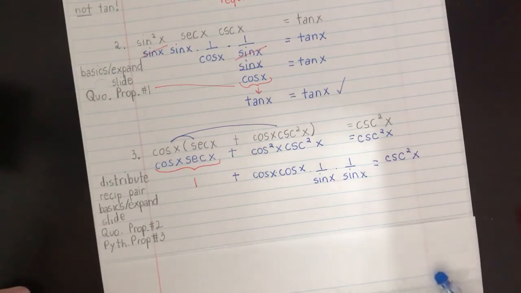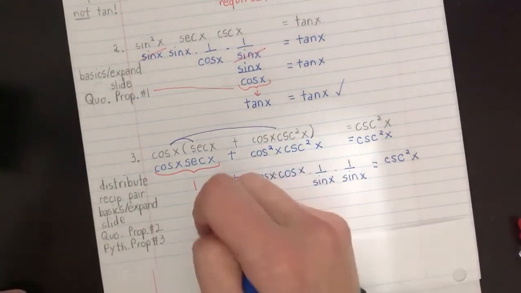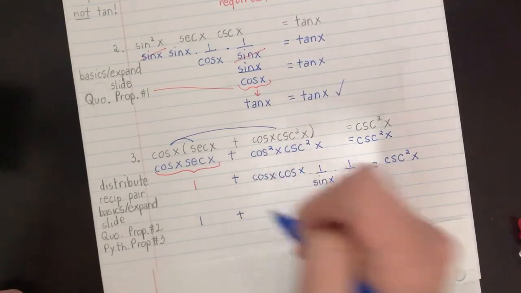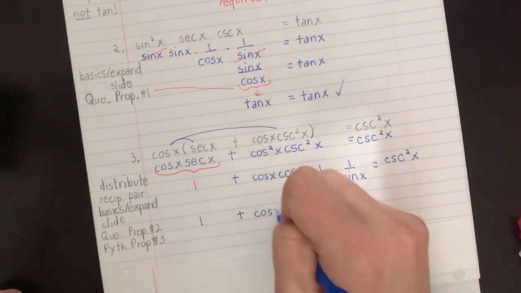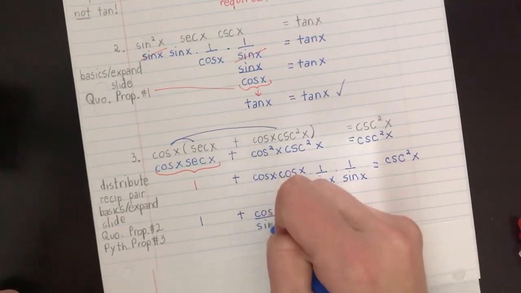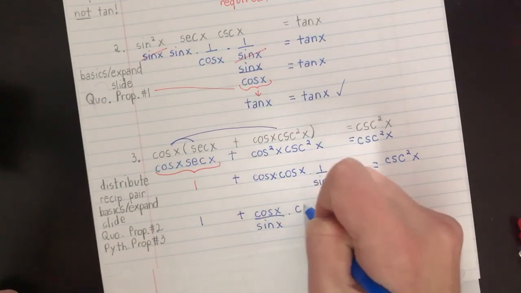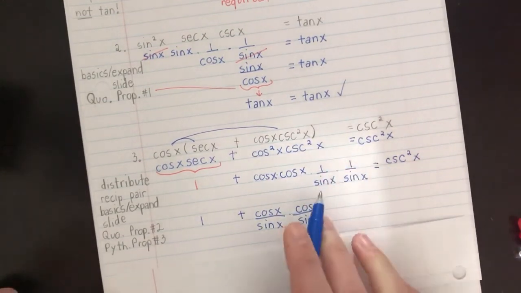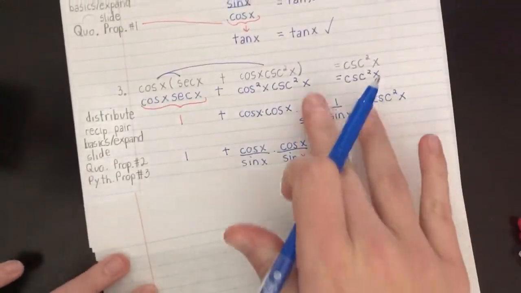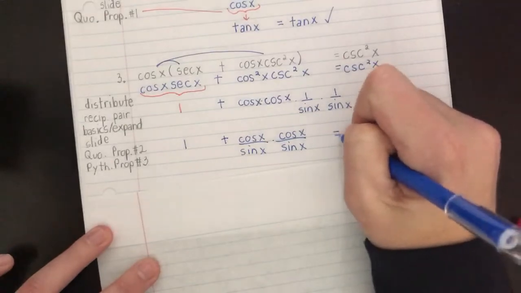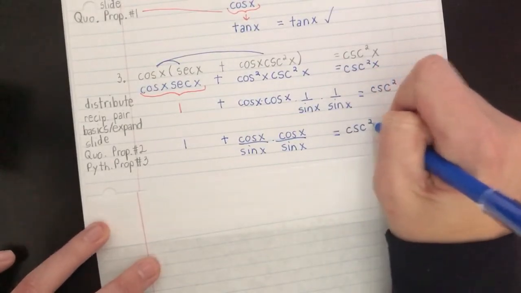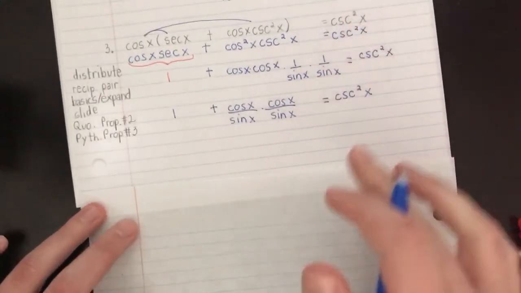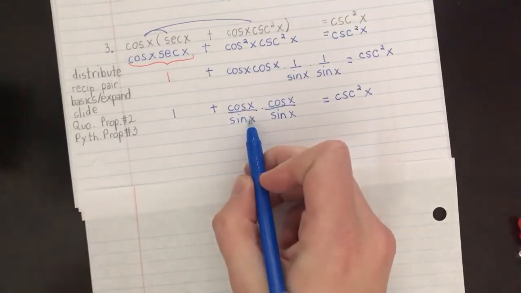So let's change this up a bit and say that this is 1 plus cosine x over sine of x times cosine x over sine of x, right? So put those together, and then you should see, oh, equals cosecant squared x. You should say, oh, what is cosine x over sine x?